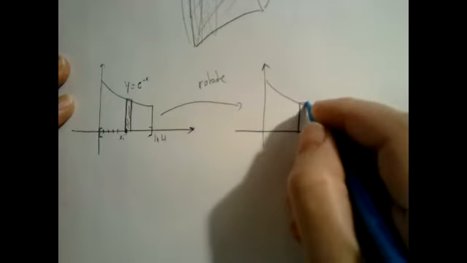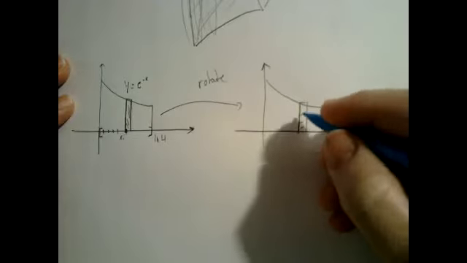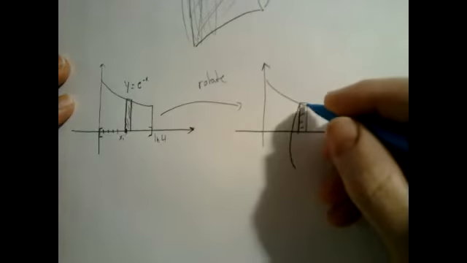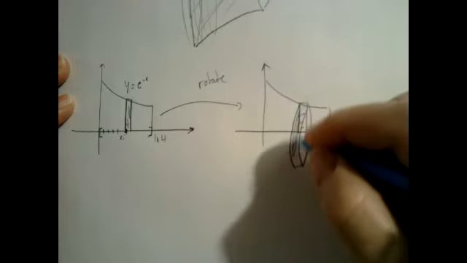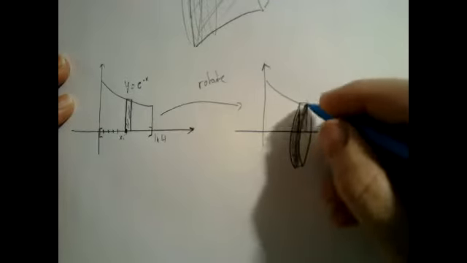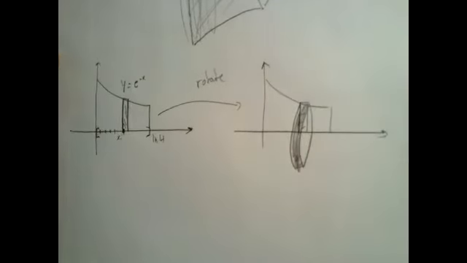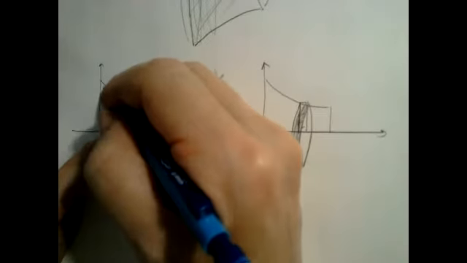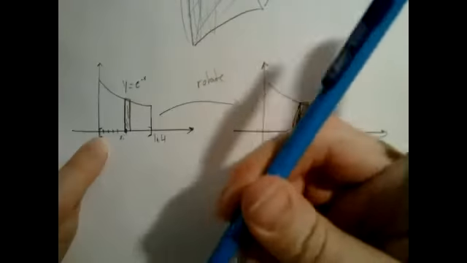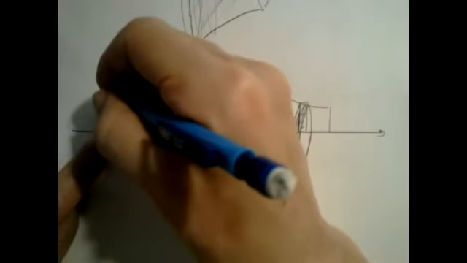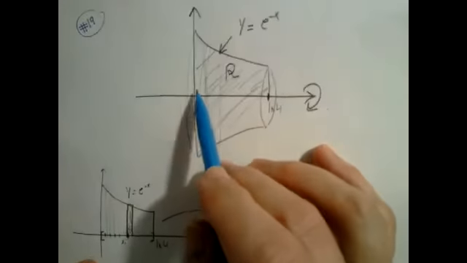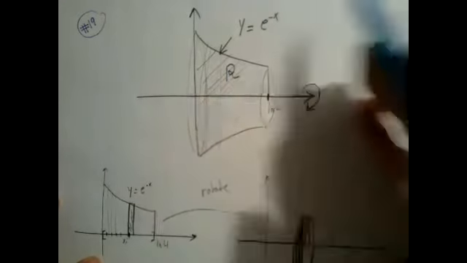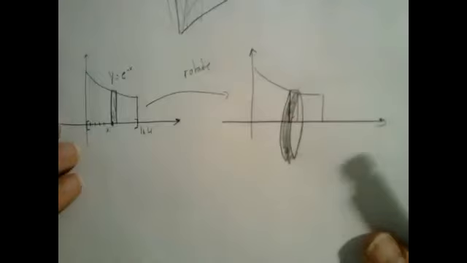And that's the typical rectangle. And we rotate it, we get a disk. That's the disk we got. And the idea is if we take every rectangle here and we rotate, we get another disk, and we add the volume of the disks.